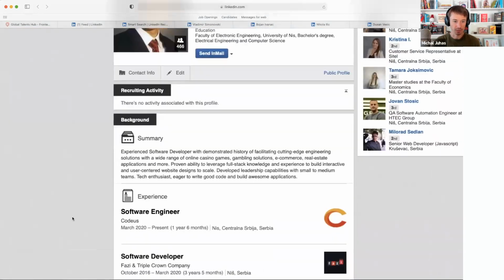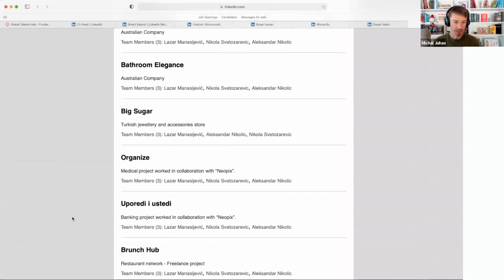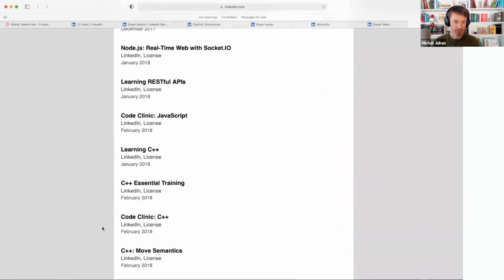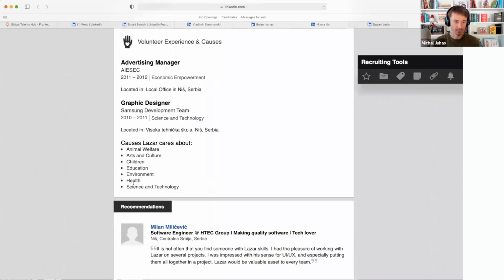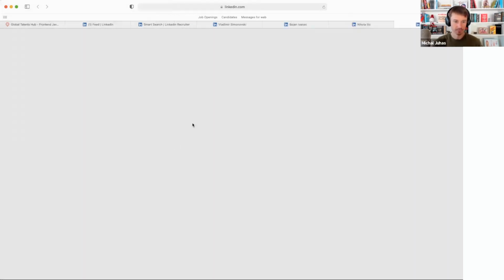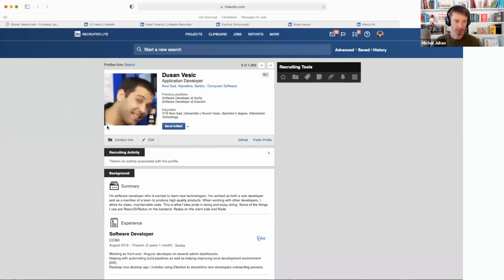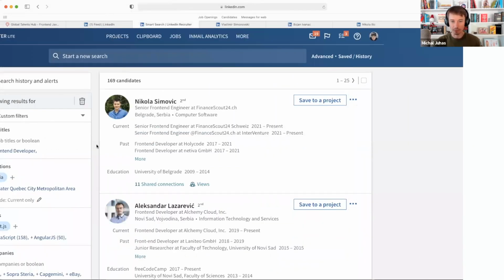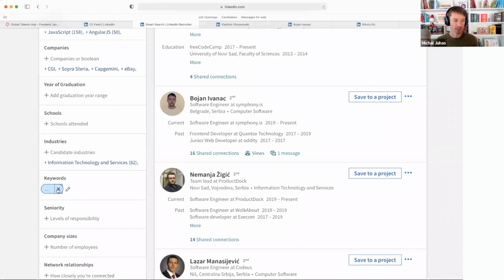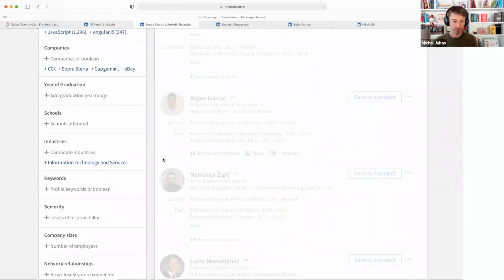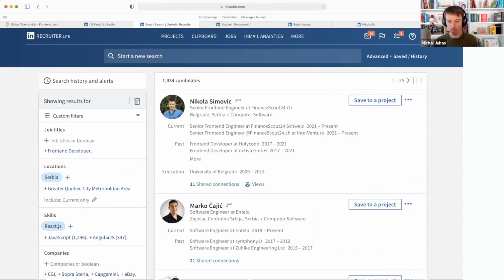Lazar, software engineer. He cares about, oh my, so many. Health, also he cares about health. Okay, well then. We have here developers who are interested in health. We could start approaching these at first, as they are more likely to respond positively, and then we can remove these, and it will expand the reach to another 1,500 people just in Serbia.